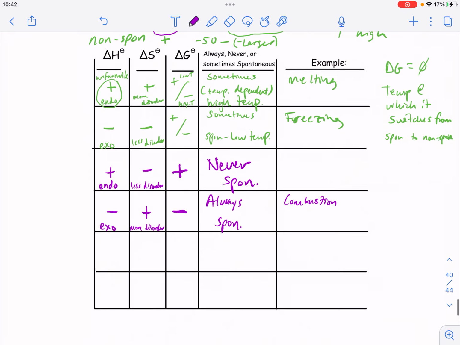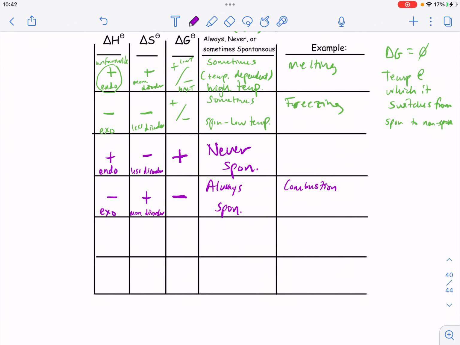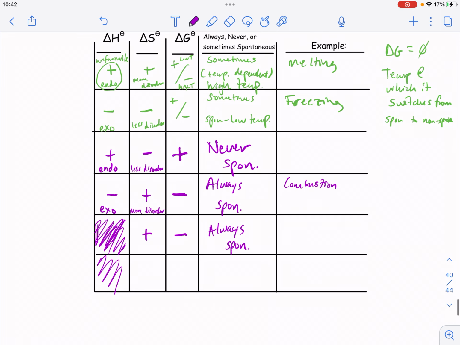Now, there are also ones where we don't really have to consider delta H, and these were those examples about things mixing. When things are mixing and they're becoming more disordered, if there's no energy change involved, then those are always going to be spontaneous. So it's always spontaneous to create more disorder if there's no energy consideration, like no delta H term to consider.